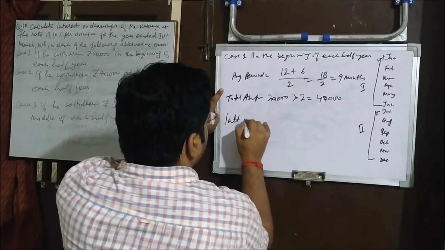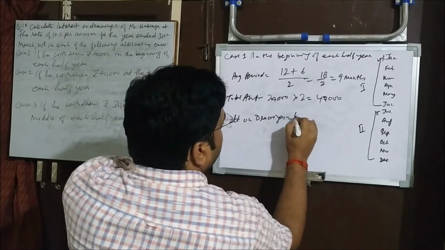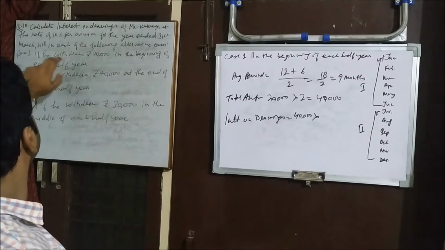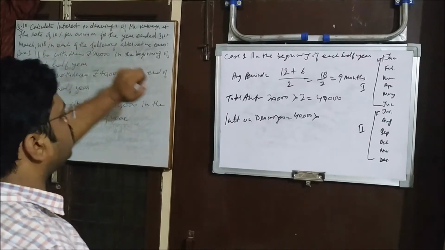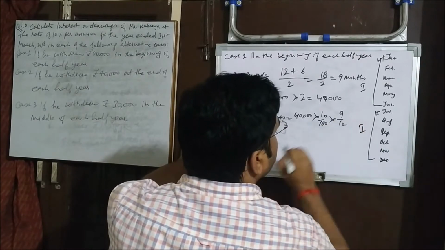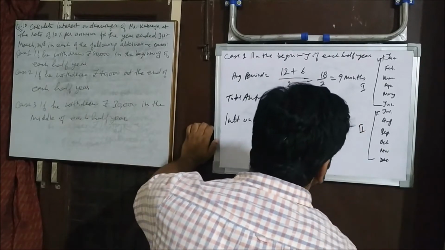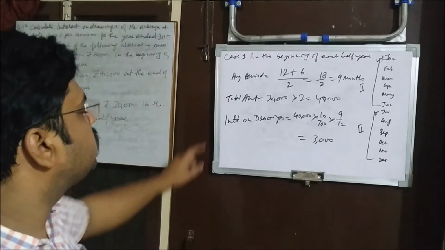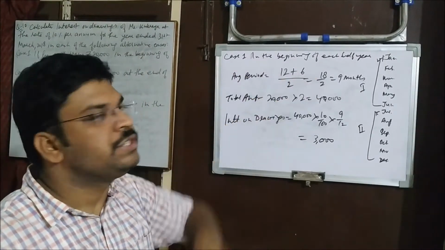So interest on drawings is 40,000 multiplied by the rate of interest, 10% per annum, 10 by 100, multiplied by 9 by 12. Let's calculate that. That is 3,000. That is the very first case, in the beginning of each half year.